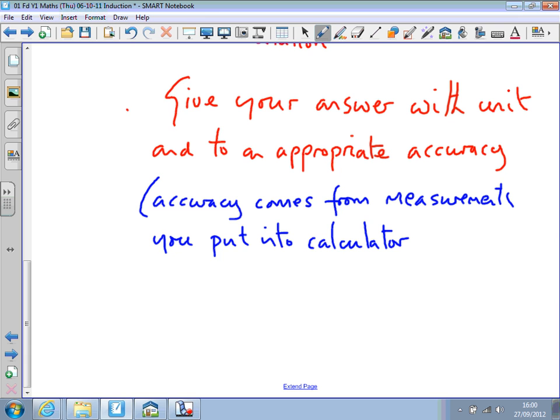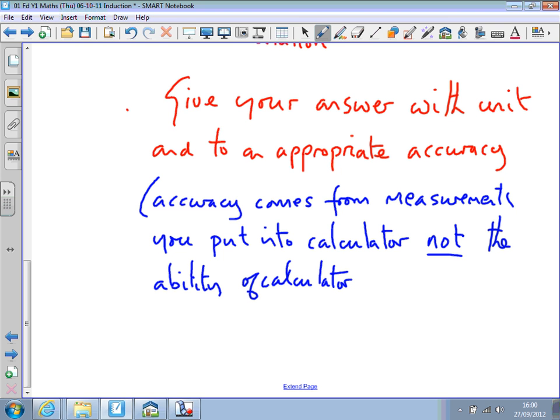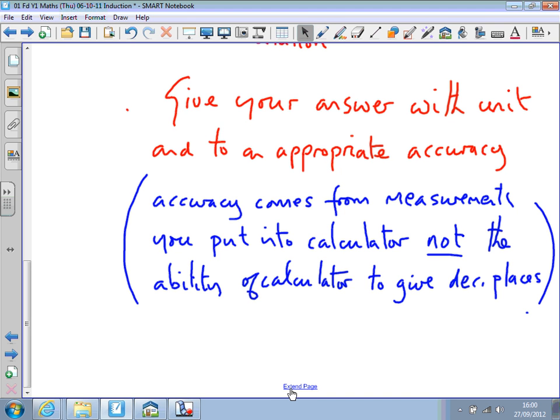Not the ability of the calculator to give decimal places, for want of a better word, okay? So just because your calculator is giving you lots of significant figures, it doesn't mean to say it's an accurate answer. The accuracy comes from the measurements you put in.